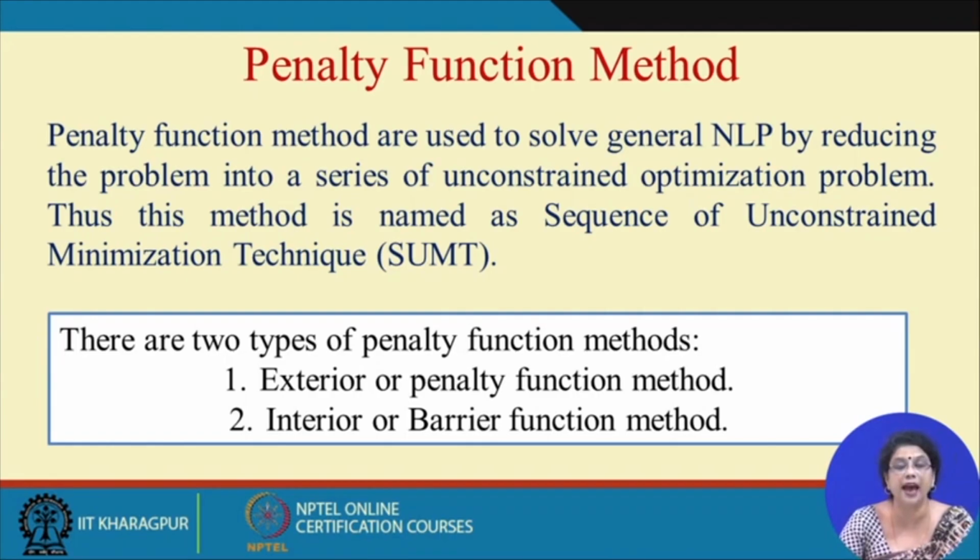But we have a sequence of unconstrained optimization problems. That is why this kind of penalty methodology is termed SUMT, a sequence of unconstrained minimization technique. This is for the minimization problem, and if we have a maximization problem, then we will have the sequence of unconstrained maximization technique. This methodology is named as, termed as.